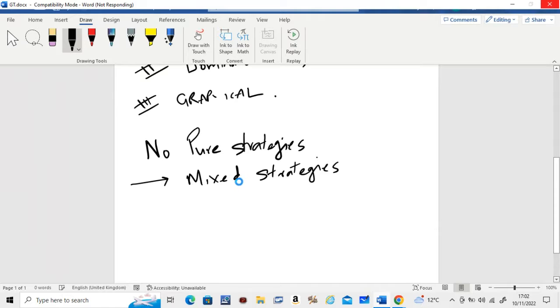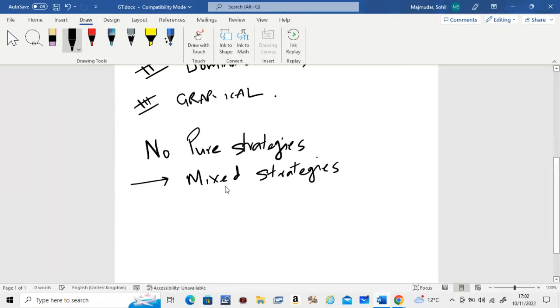Mixed strategies means we will find the probability that player A will choose strategy A1 or A2, or what is the probability that player B will choose strategies B1, B2, B3, B4.